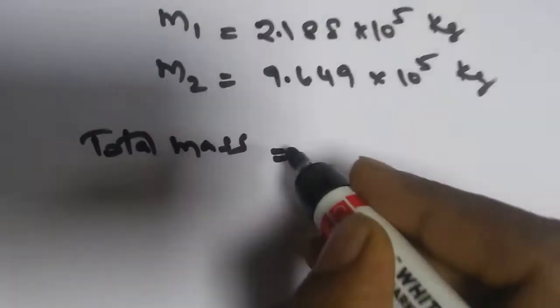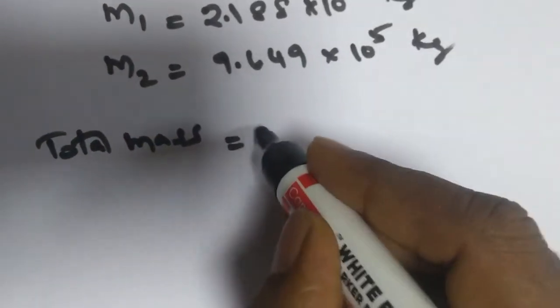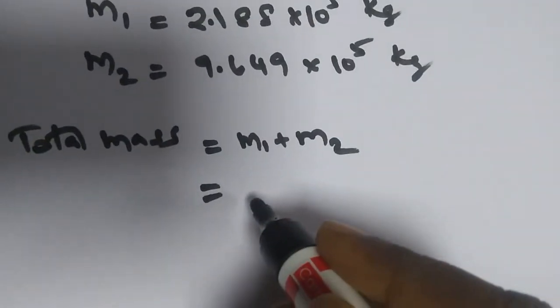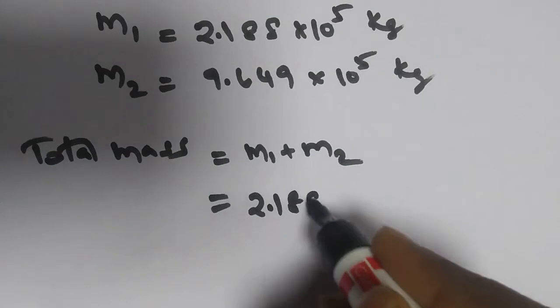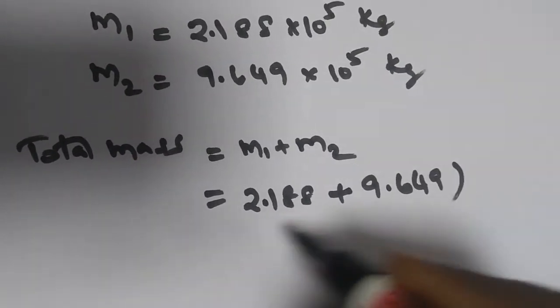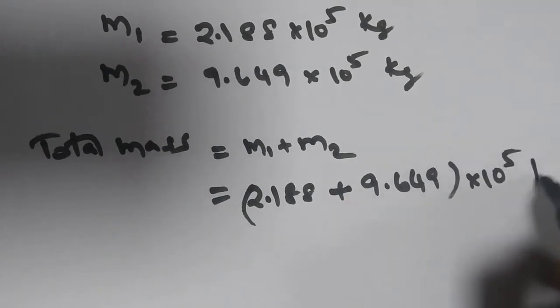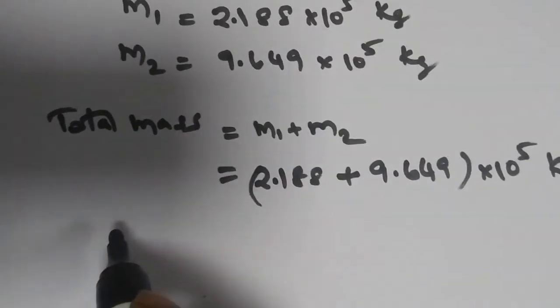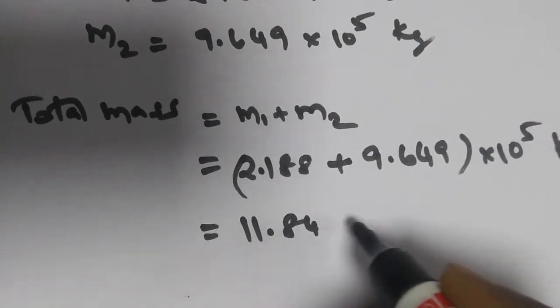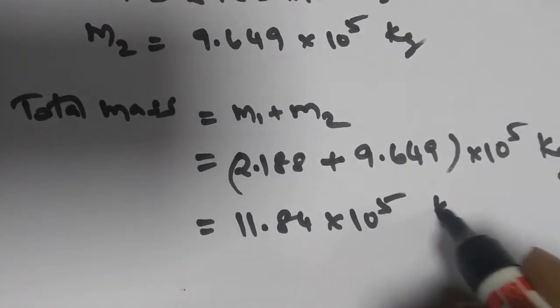Total mass is equal to M1 plus M2, which is the summation of these two, 2.188 plus 9.649 into 10 power 5 kg. This is our total mass, which turns out to be 11.84 into 10 power 5 kg.